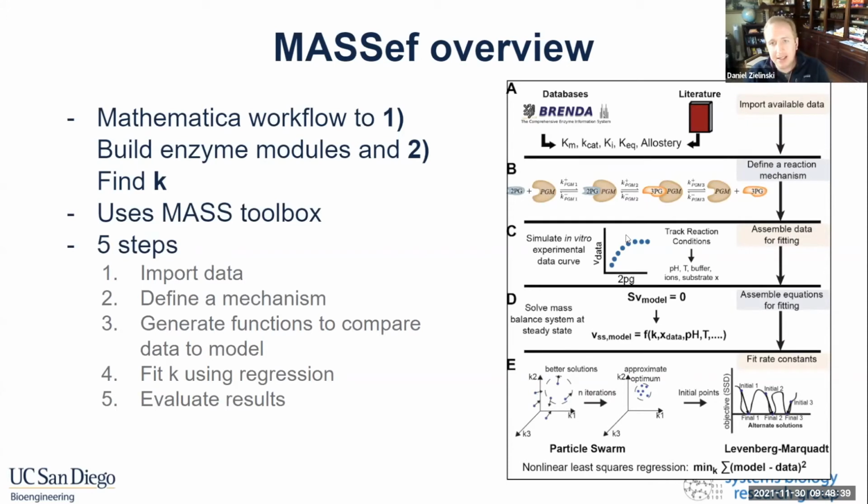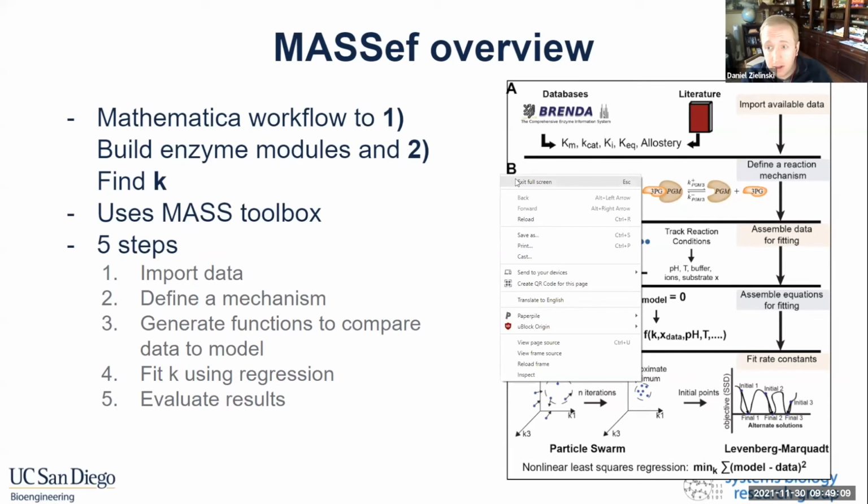And so the MassF package that we developed in the lab is a workflow to do that, essentially, to take our KM and kcat data, anything we can find, the macroscopic data, and extract from it all the microscopic rate constants in a way that they match this data and also account for the remaining uncertainty, the underdetermined nature of our system.